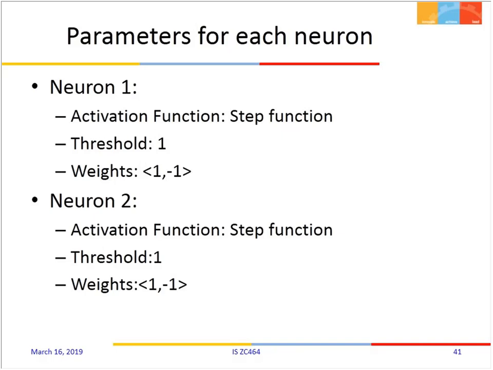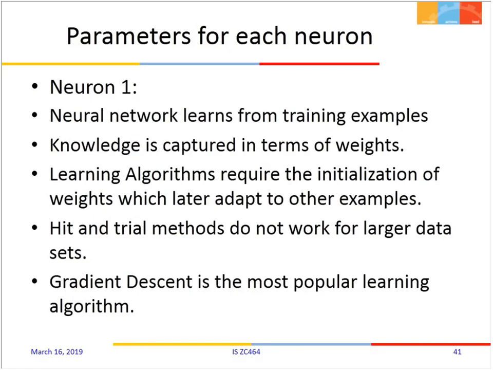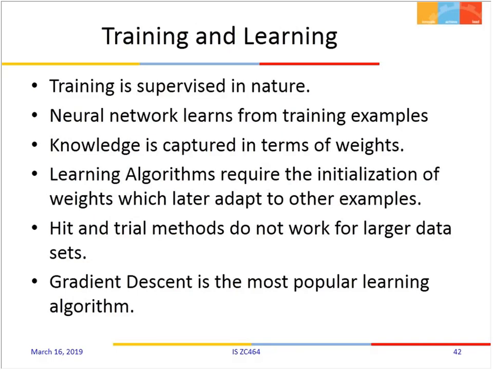So the training is supervised in nature. Neural network learns from training examples. Knowledge is captured in terms of weights. And then learning algorithms require the initialization of weights which later adapt to other examples. And you've already seen that learning algorithms are evaluated for their performances about how they are capable of responding to the unseen data.